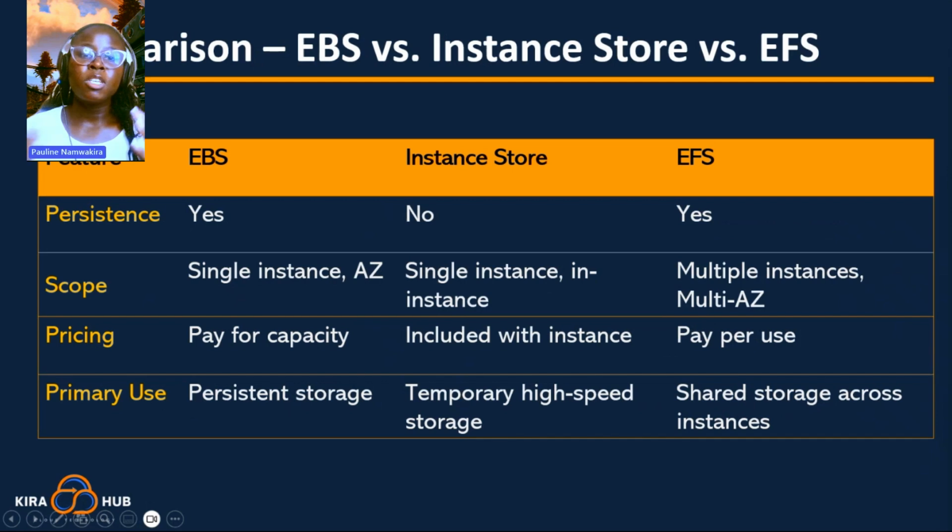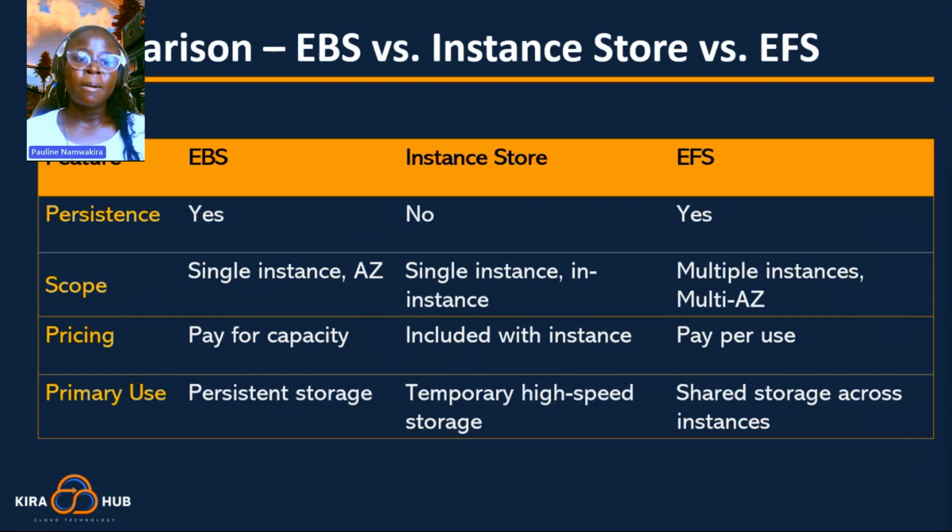So a comparison between the three: EBS offers persistent storage, so go for EBS if you need secure persistent storage for your single EC2 instance, like for an application or a database storage that must be retained even after stopping and starting an instance.